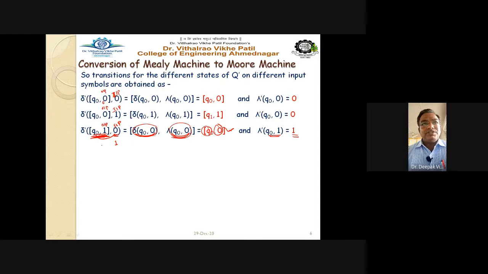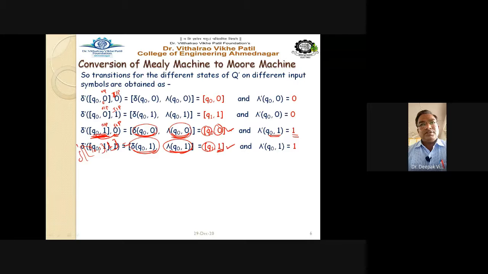What will be the next transition? So the next transition will be q01 on 1, and now the input is being changed here. Instead of 0, now you are writing 1. So see here, delta dash q01 on 1 is equal to delta q01 and lambda q01. The value of delta q01 is equal to q1 and the value of lambda q01 is equal to 1.